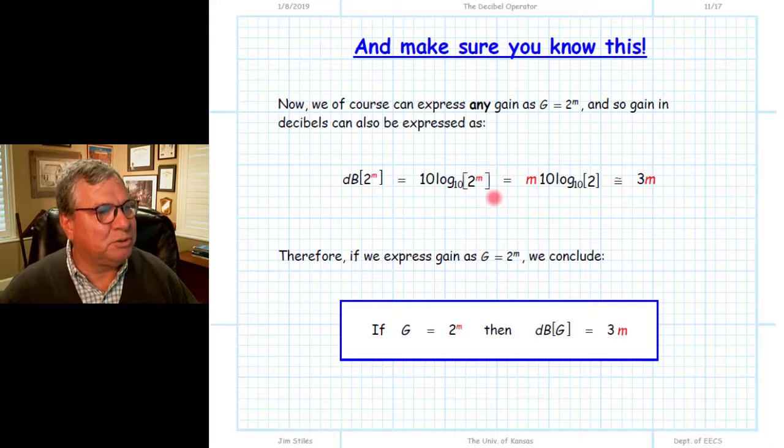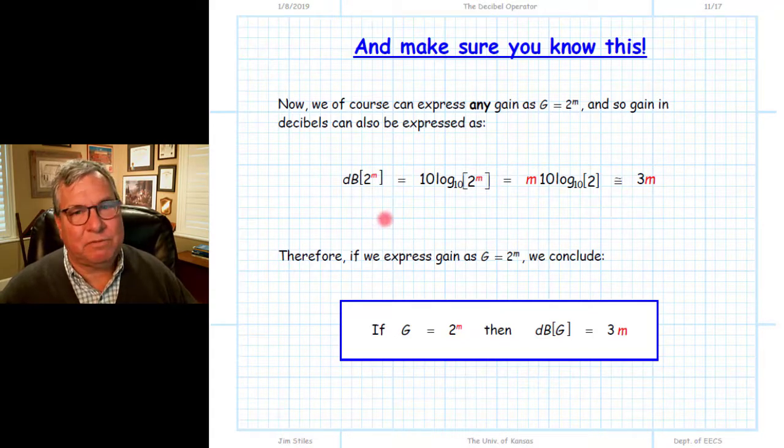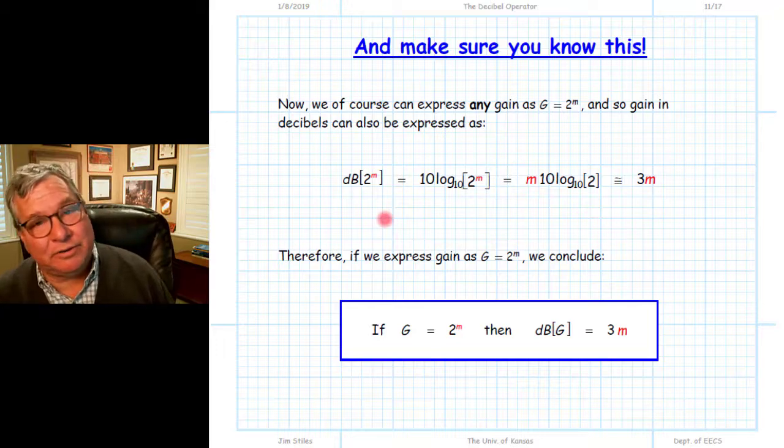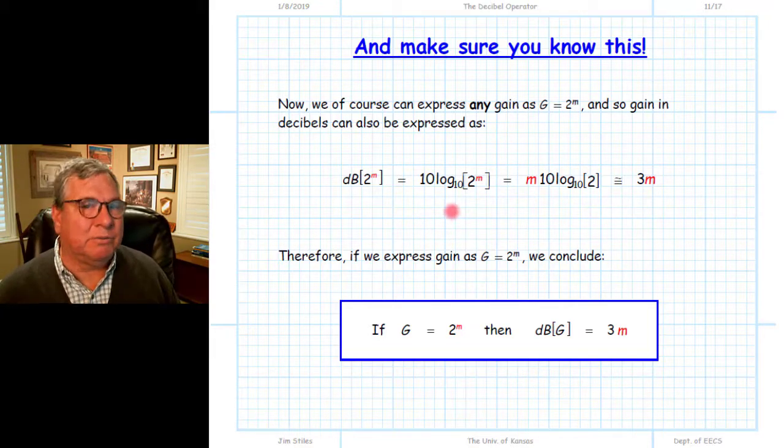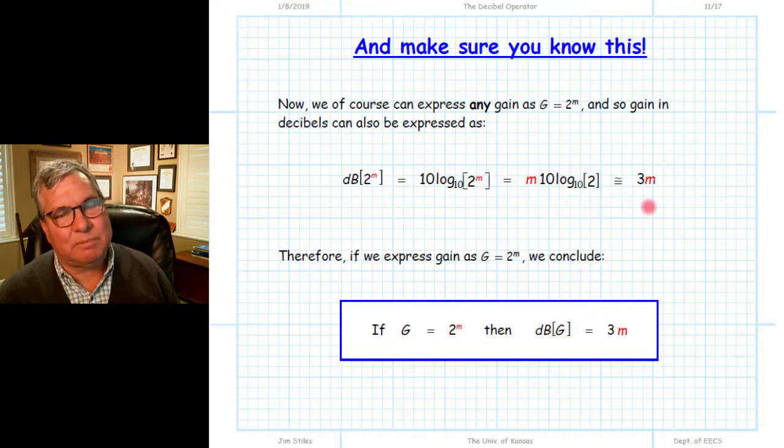So this is useful to us, really, when we can express our gain as an integer power of 2. In other words, if the gain is 2 or 4 or 8 or 16 or 32, 64, all of those, we can immediately convert the gain into its decibel representation simply by taking that value of m and multiplying by 3.